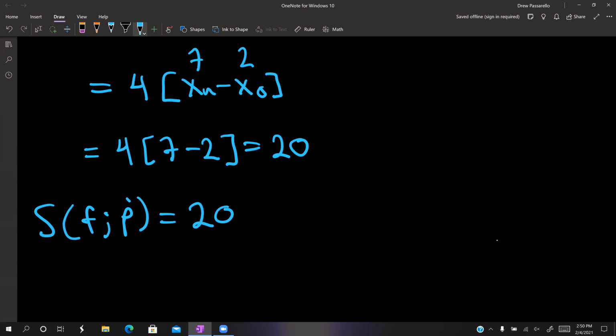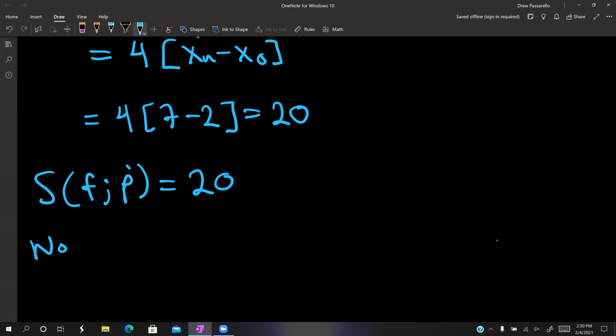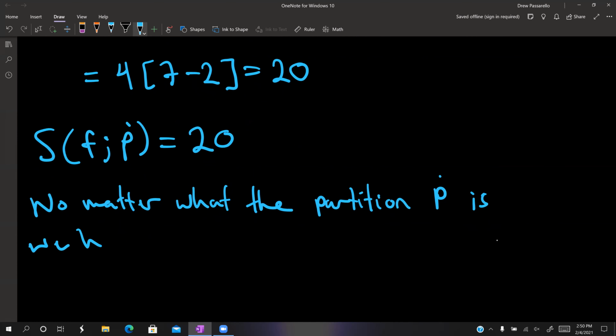So our Riemann sum is equal to 20. So no matter what our partition is, we have that the Riemann sum minus our integral L is equal to 0.